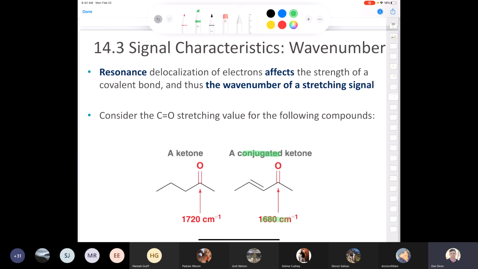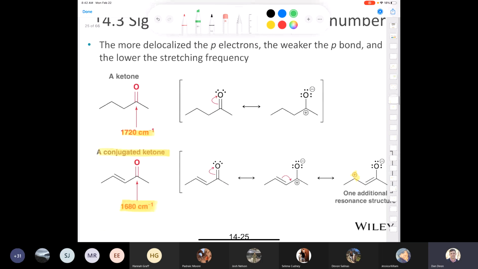Why would it take less energy? Or why would this bond absorb electromagnetic radiation at a lower frequency? It's because it's a weaker bond. Now, why would that be a weaker bond? It's because of resonance. Let me show you why, okay?